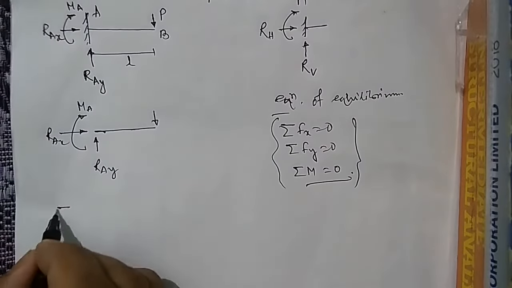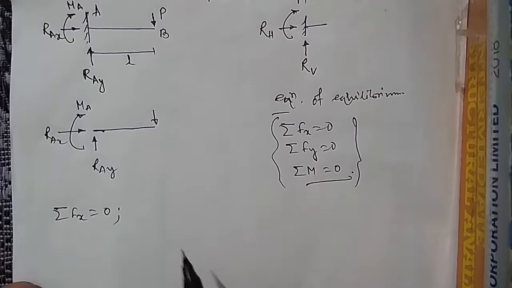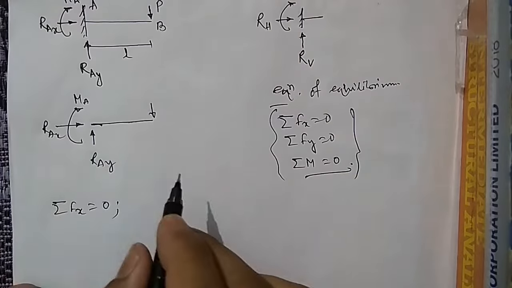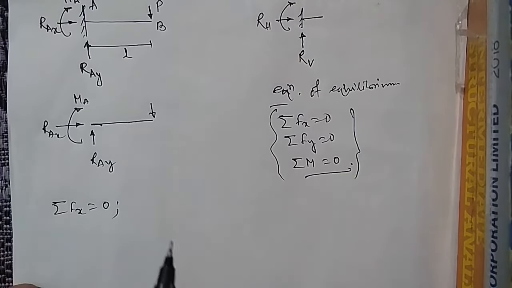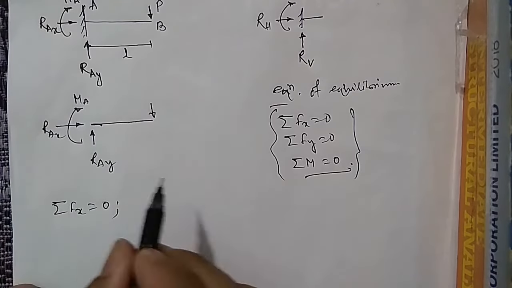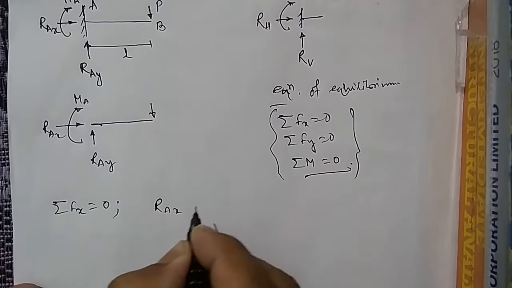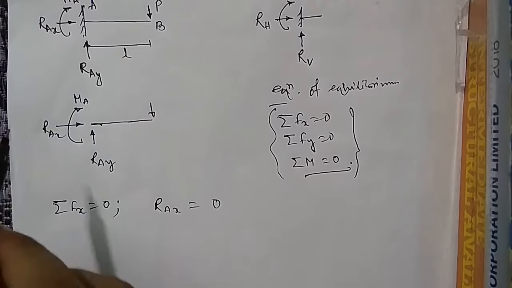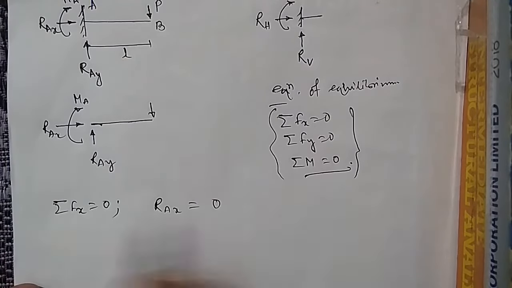First one, summation Fx equals 0 means the summation of all the forces in the x direction equals 0, which means RAX equals 0. There is only one force in the x direction, so RAX equals 0.